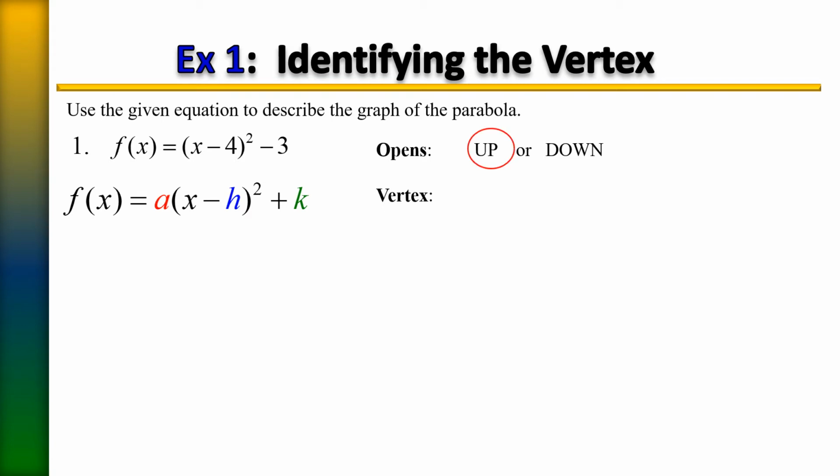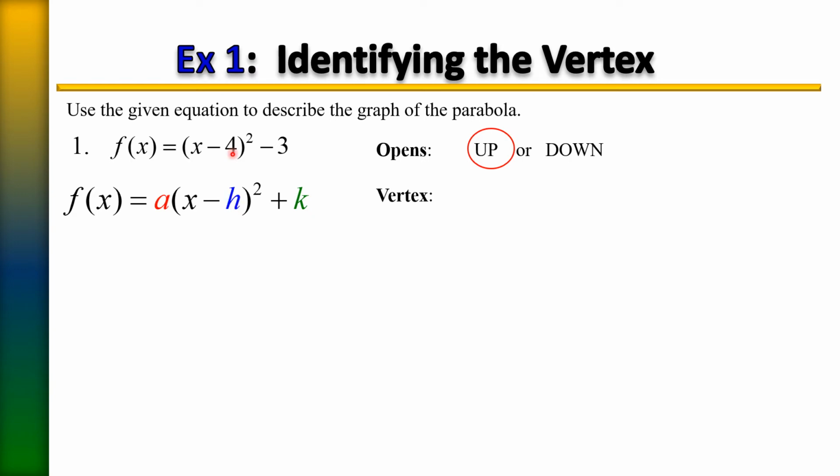What is the vertex? So recall (h, k) is your vertex, and remember that h, horizontally, is not always as it seems. So even though you see the negative here in h, it means that the value h is actually positive.